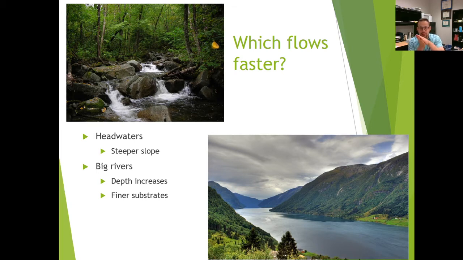What you see is that since the depth is increasing, you have a lot more water that's a long way away from the riverbed underneath. So that water up here can actually go really, really fast. You also have finer substrates, so the water isn't bumping into a bunch of rocks and then having to stop and go around them before it can go downstream.